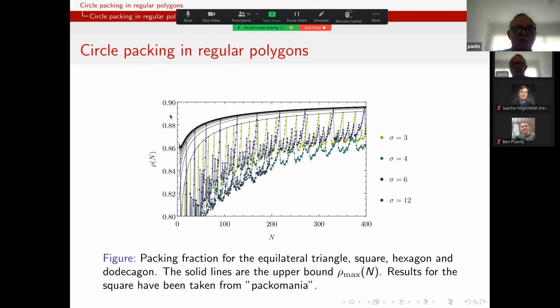So if you look at the border fraction, for example, this is a comparison of different polygons: the triangle, the square, the hexagon, and the dodecagon. The dodecagon is only up to 200. You can see that they all display large peaks, which are an effect of these families that I told you about, and they have a very alternating behavior.